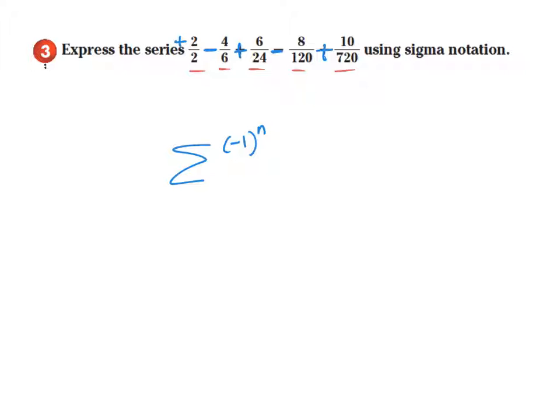Sometimes we have to add 1. I need to figure out the pattern in the numerator here. How can I get to that? What's going on with the numerator?